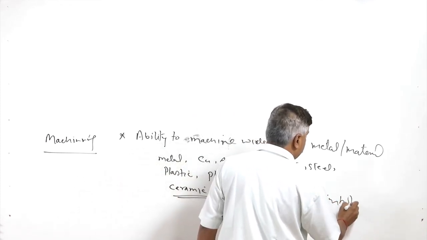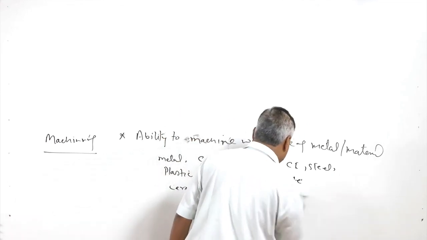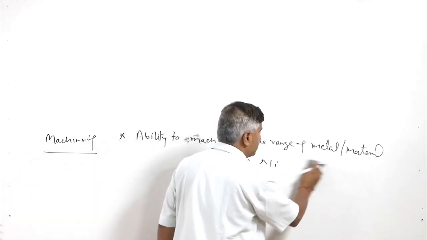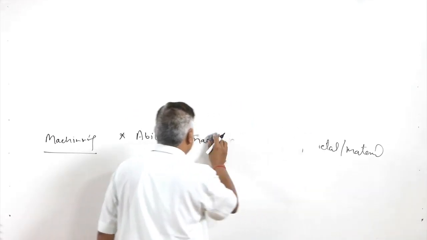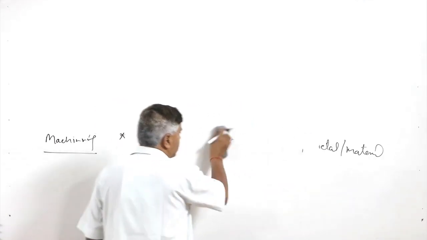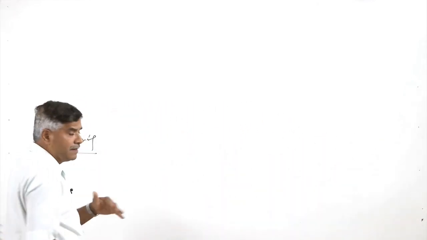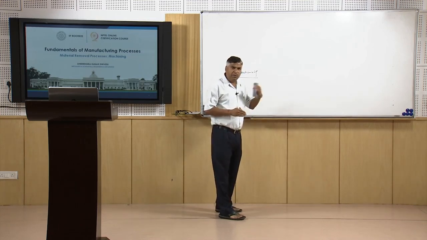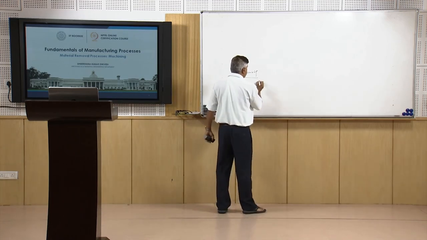But it can be used for most of the metals and the plastics and plastic based composite materials. So, the machining processes are capable of handling a very wide range of material systems, and by removing the unwanted extra material, the desired size and shape can be achieved.